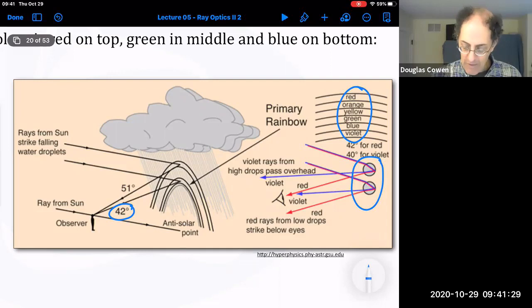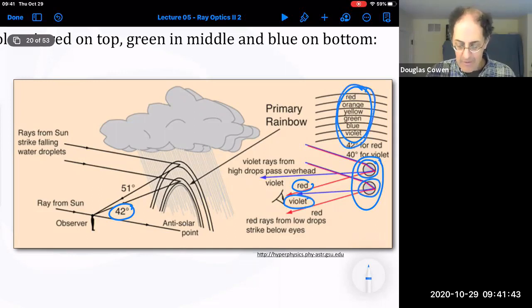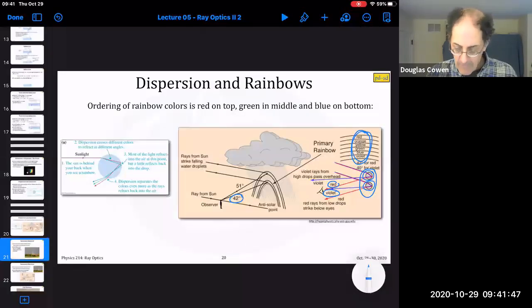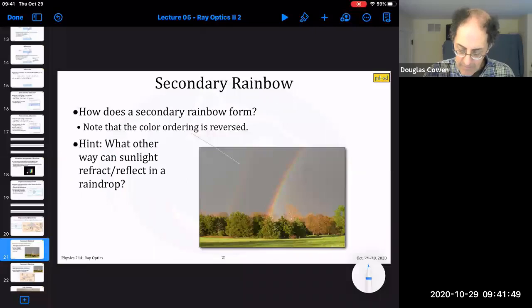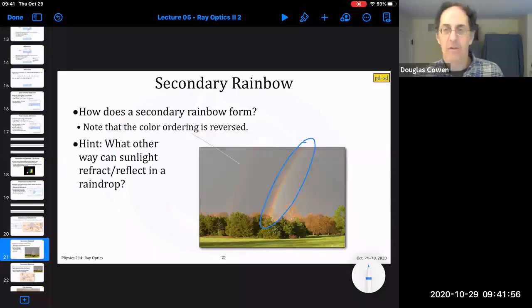And what you will see is the red from the higher raindrops and the blue from the lower ones. And that's why the ordering looks like that. Okay. So there's what a rainbow looks like. And we have the red higher up and the blue lower down. So I hope you can see that.